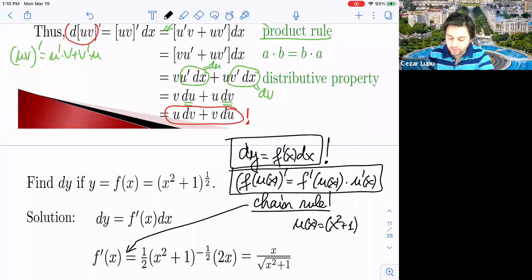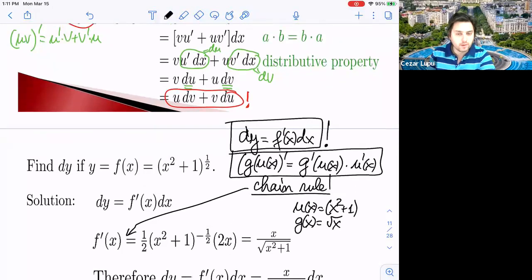I should have said differently here. Let's say g of u of x, so that this is g prime. And now in our case, g of x is the square root of x, or x to the 1/2. Using this, you get the derivative of the square root, which is 1 over 2 square root of x, but u of x is x squared plus 1, which you will find here.